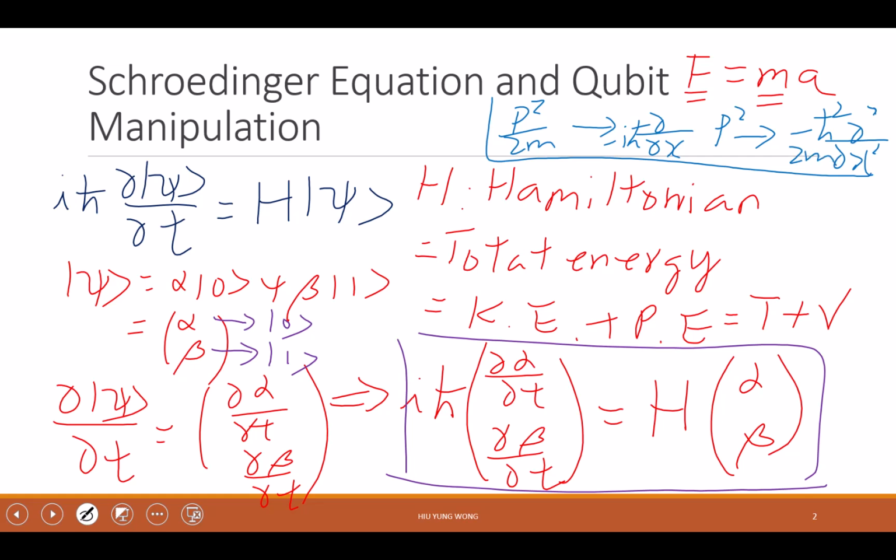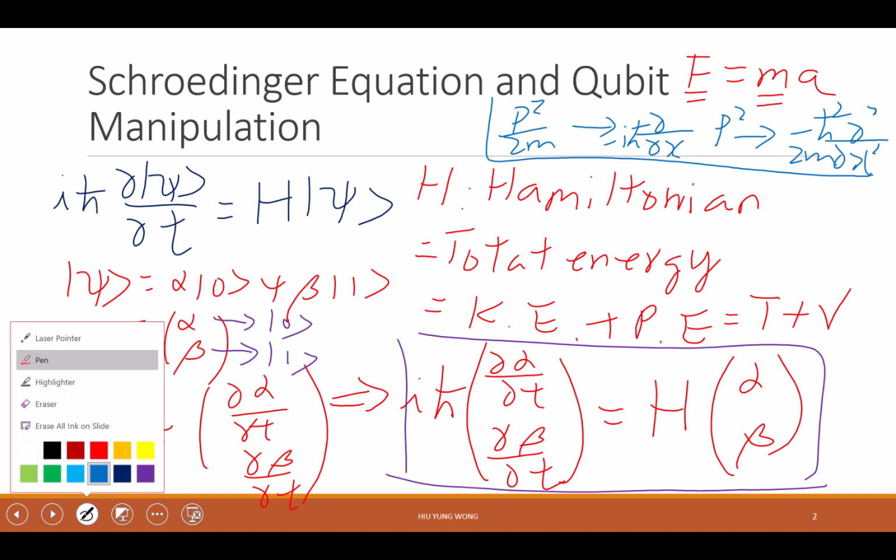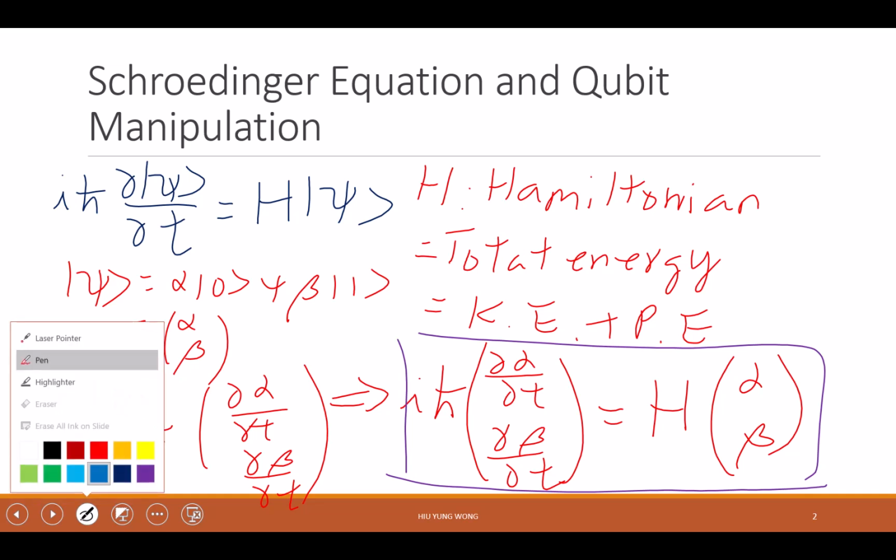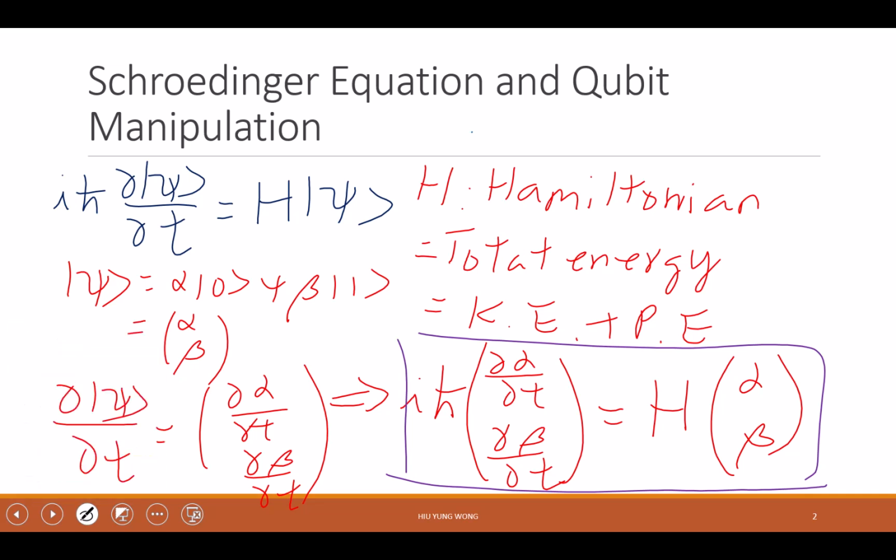Oh, and I forgot whether we have a negative. Do you see what I mean? I accidentally erased it. So this is how you work if you use wave mechanics, you change it to an operator. But now, if we're using the matrix, the Heisenberg approach, then this is a matrix.